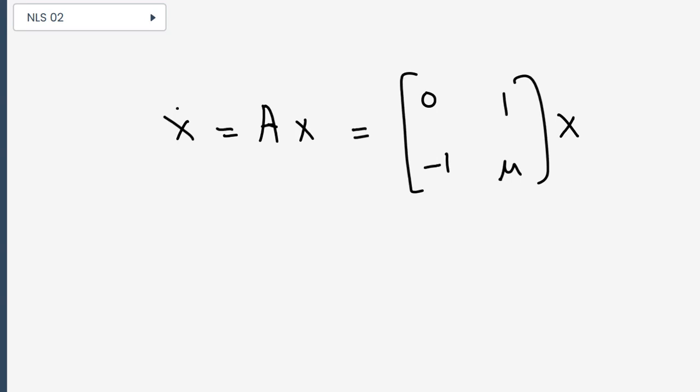If we want to find out whether this system is stable or not, we have to find the eigenvalues of this system.